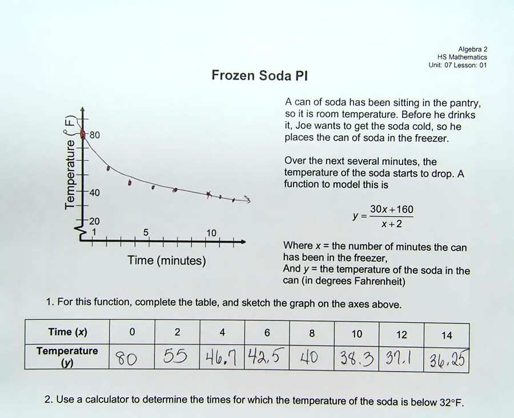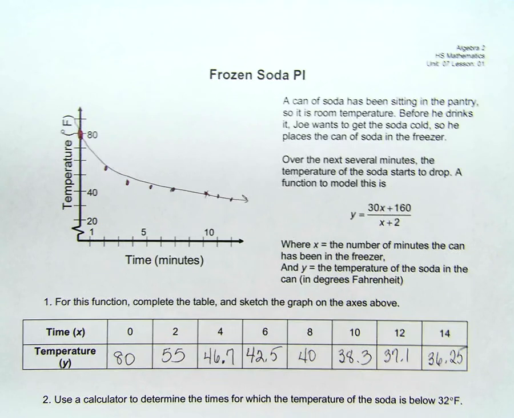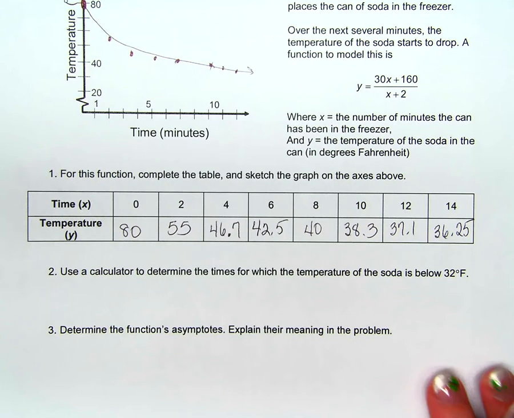You got some that looks like mine? Similar-ish? Use a calculator to determine the times for which the temperature of the soda is below 32 degrees Fahrenheit. What are you doing right now?